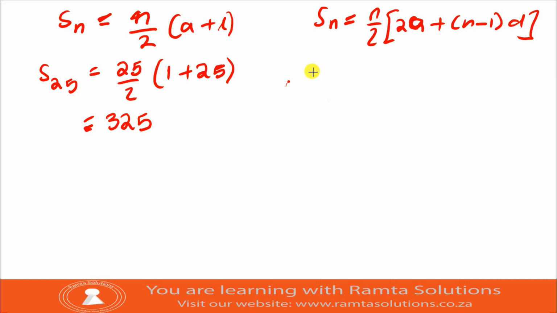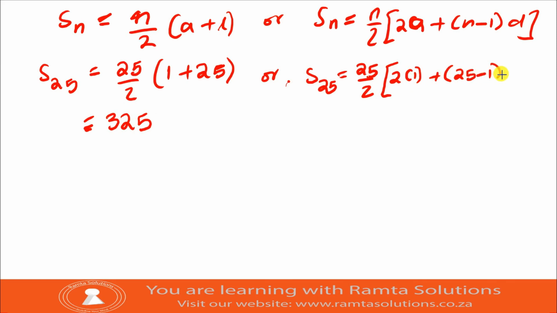Let's try the other formula. Remember, you have two formulas you can use. So the sum of 25 equals 25 over 2 into 2 times 1 plus 25 minus 1 times 1.